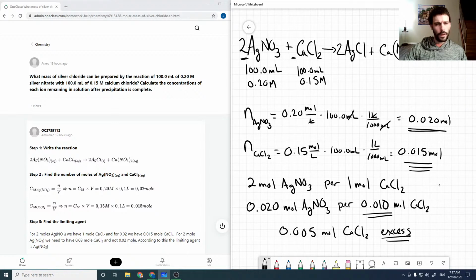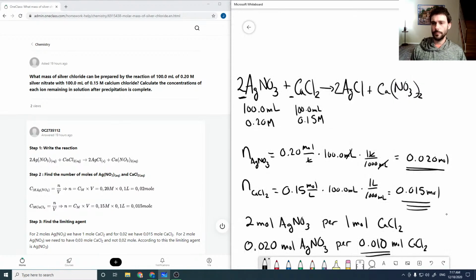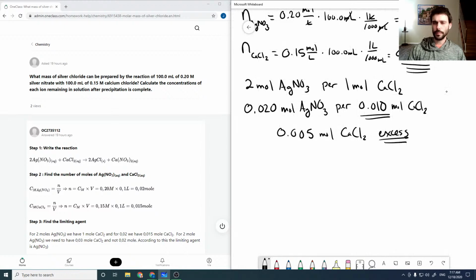All right. So the first thing it asks us anyway is what mass of silver chloride we're preparing. If we look at our equation again, we have 2 moles of AgNO3 giving us 2 moles of AgCl. So for every 2 moles of AgNO3, we get 2 moles of silver chloride.